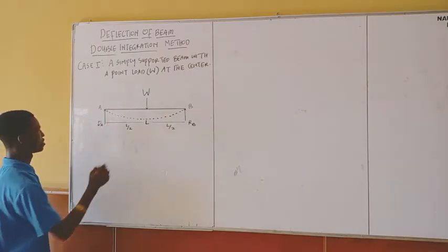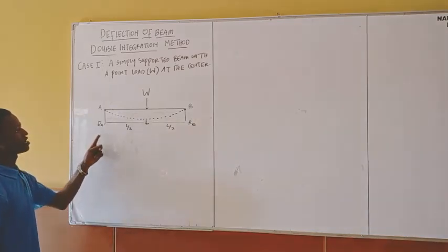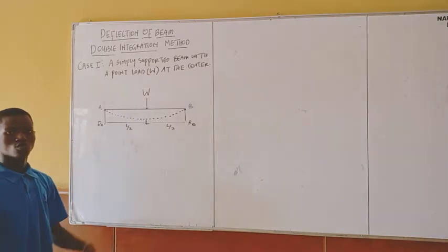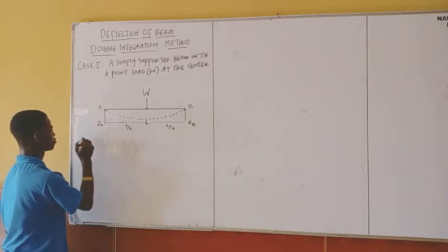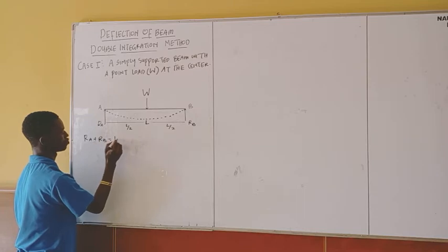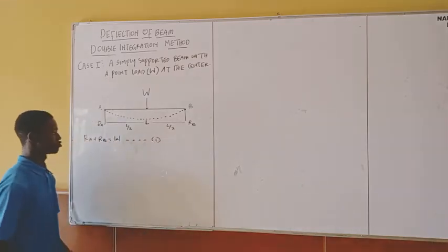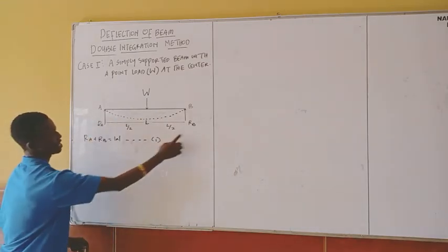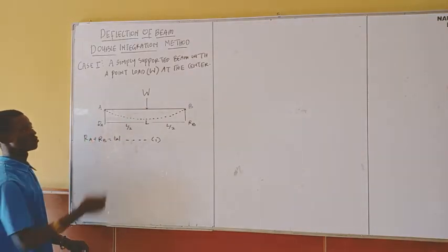So RA plus RB equals W. Let me call this my equation 1. This means that the summation of upward forces, RA and RB, must be equal to the downward force for this beam to be in equilibrium.